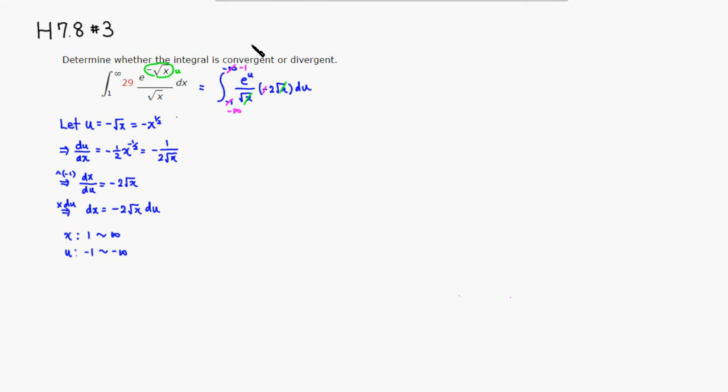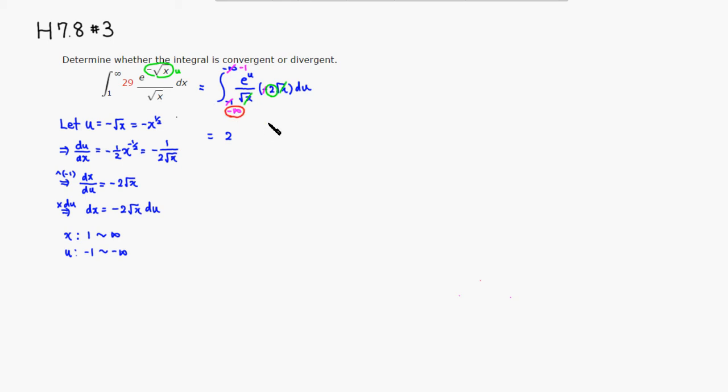Then let's clean it up a little bit. There's a 2 here, so that's just a number, so I'll put 2 in front. Then it looks like negative infinity is the problem. This is the reason why this is improper.